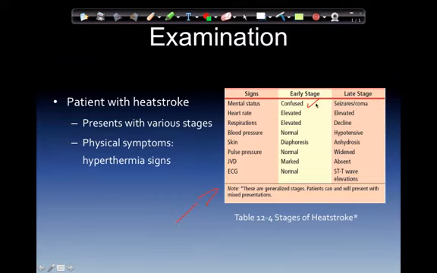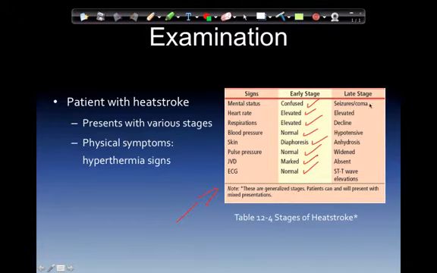Early stage: they're confused, heart rate is elevated, respirations are elevated, blood pressure is normal, skin is diaphoretic as they're still trying to compensate and cool, pulse pressures are normal, JVD is marked, perfusion is increased, EKG should be normal.